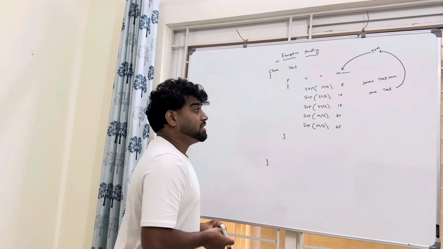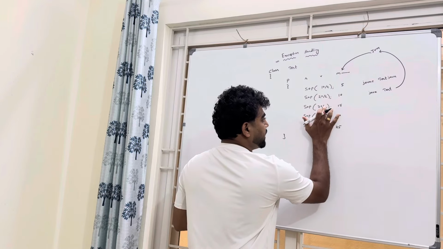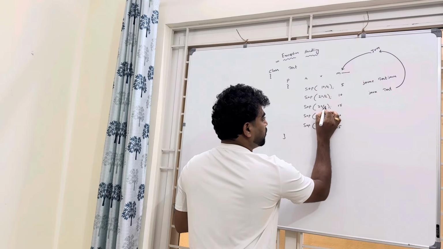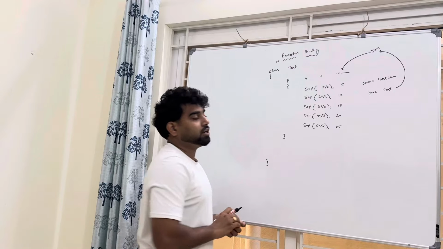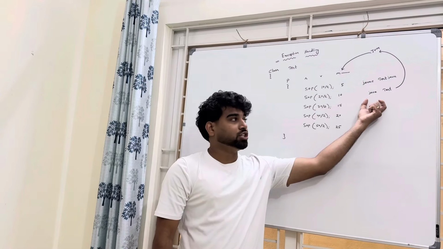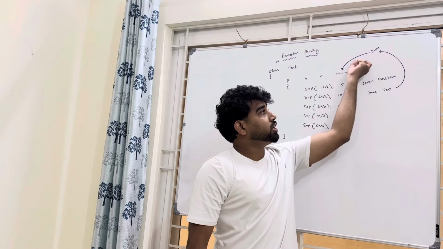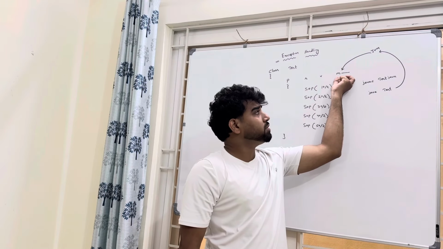But let's say in my code, instead of writing 30/2, I define 30/0. Now what will happen if I try to execute my code? The request goes to the JVM, which calls the main method.